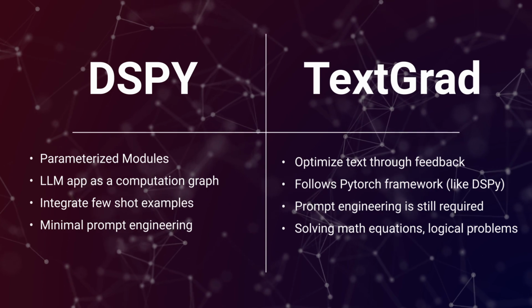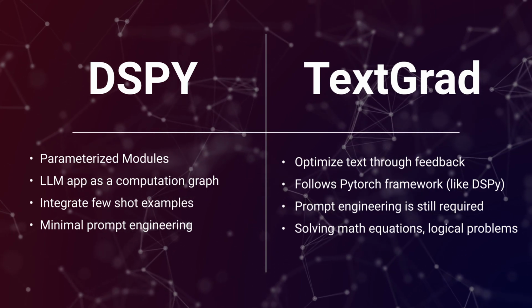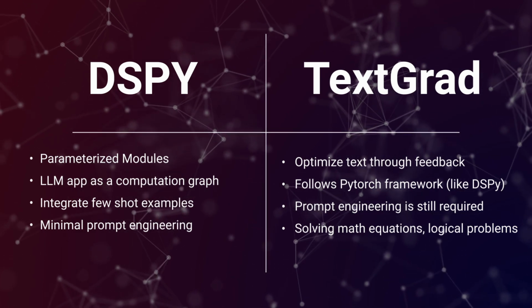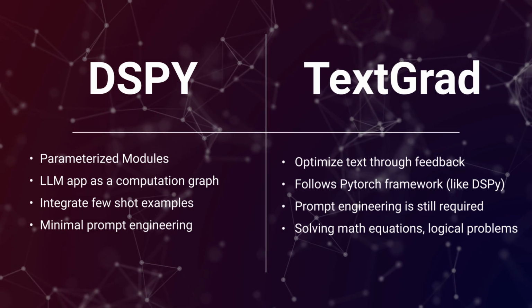TextGrad, on the other hand, is more about optimizing prompts, optimizing solutions, optimizing queries, and it's not trying to eradicate prompt engineering altogether. Both TextGrad and DSPy are pretty impressive libraries, which I think are going to be really useful and really big in the future. So it's very important to learn these libraries now as they're getting started, and these libraries are going to keep improving as time goes on.